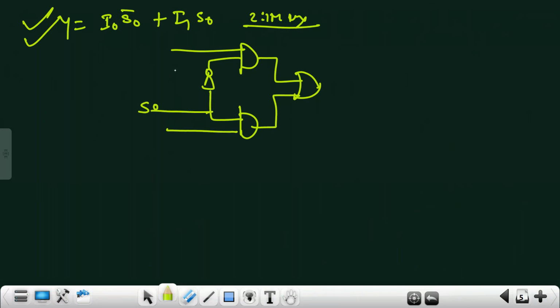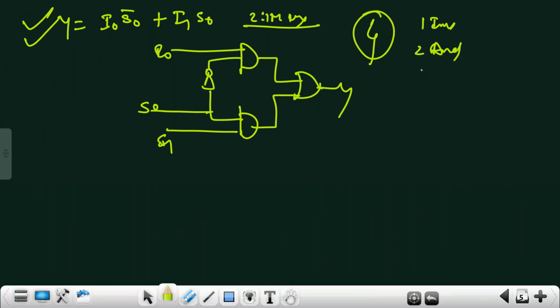This is the select line, I0, I1, Y. So how many combo logics? 4 combo logics are required, out of which one is an inverter, two are AND and one is OR. Understood?